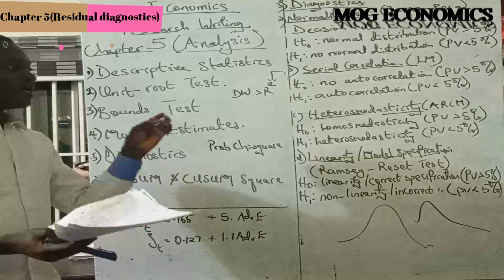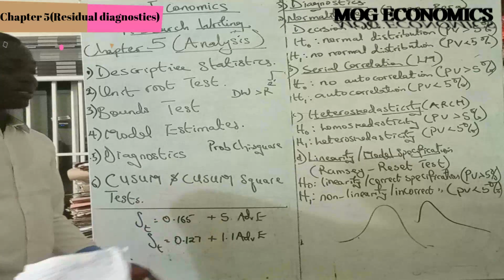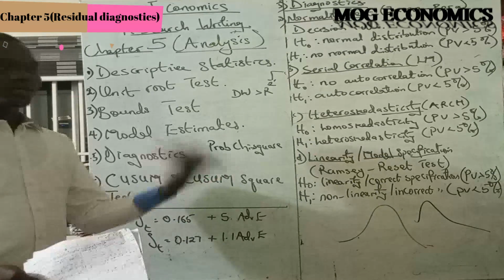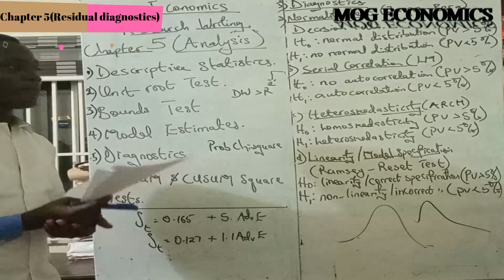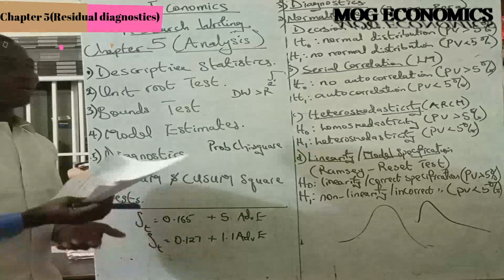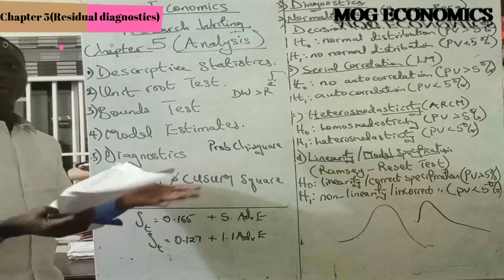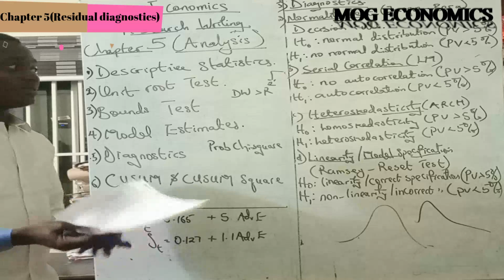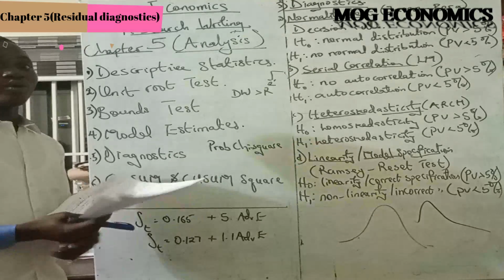H naught is homoscedastic, that is, not heteroscedastic. H1 is heteroscedastic. So when your p-value is greater than 5%, your error terms have equal variance, that is, they are homoscedastic. And when it is lesser, when your probability value is significant, then your error terms are heteroscedastic, that is, they have unequal variance.